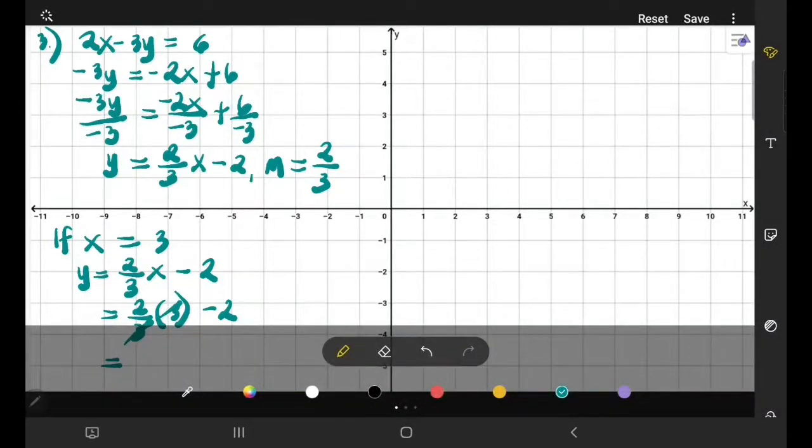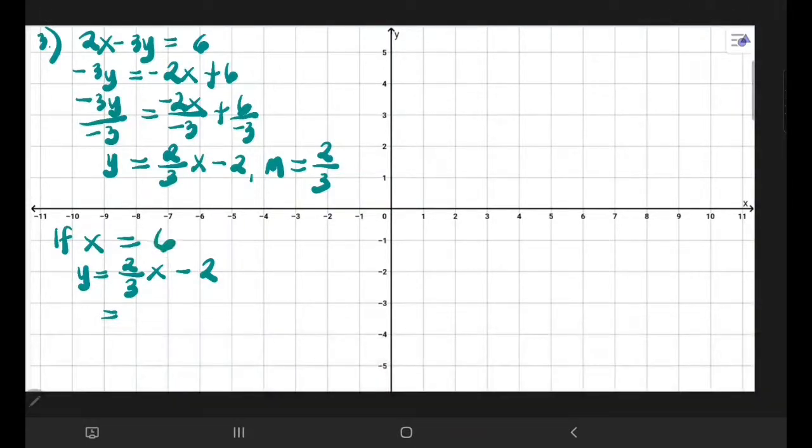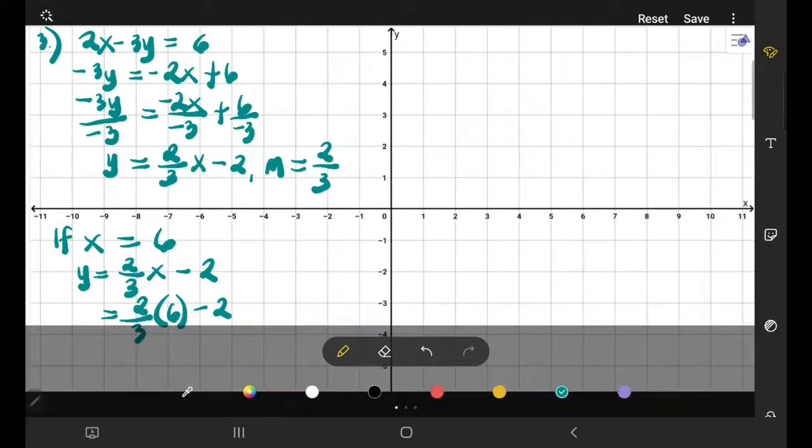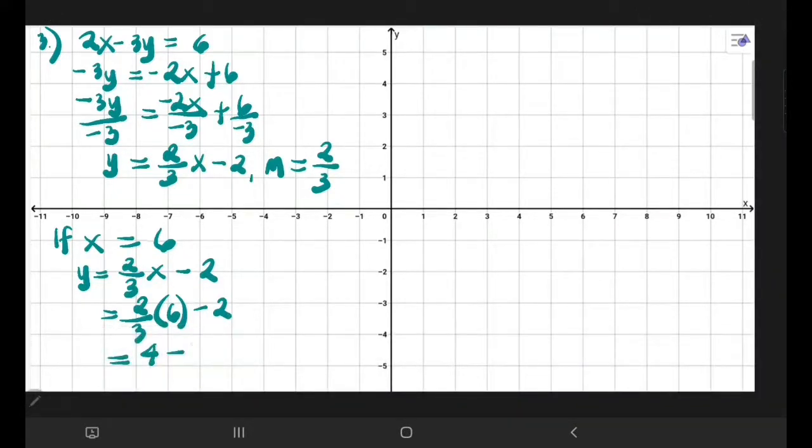For you to have another understanding, let's try another number. How about 6? So that you have other options. So 2 times 6, that is 12, divided by 3, that is 4. Minus 2, that is 2. So you have an ordered pair, 6, 2.